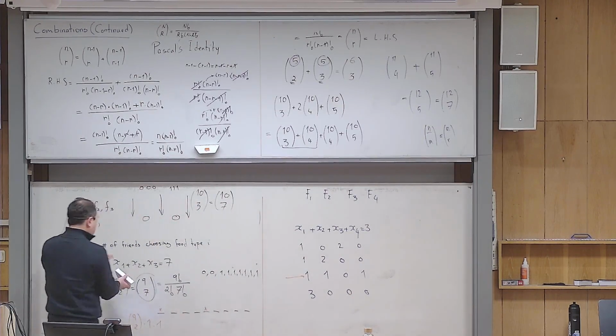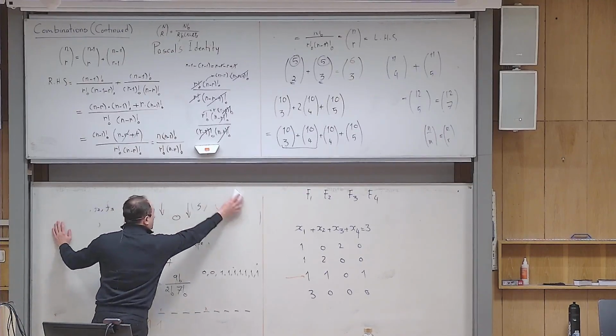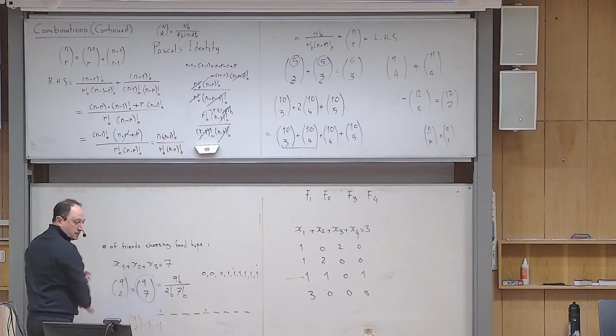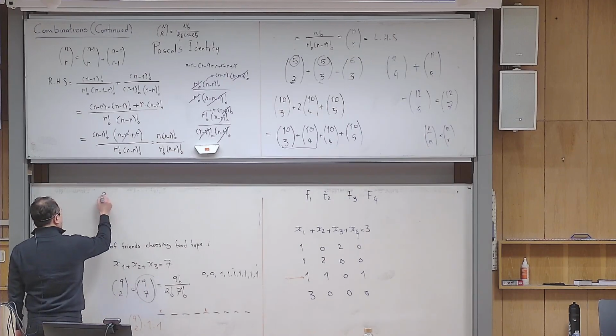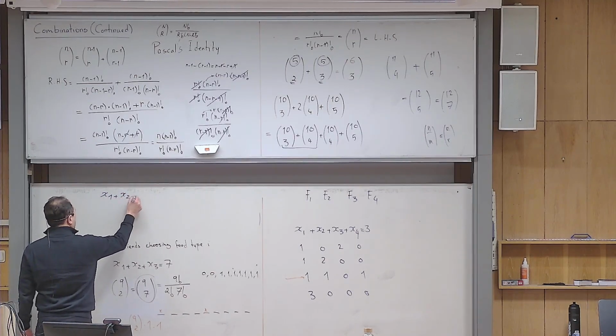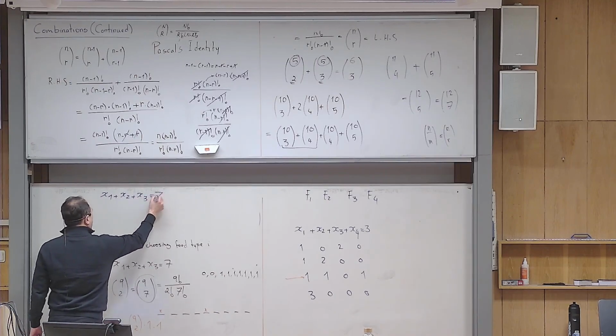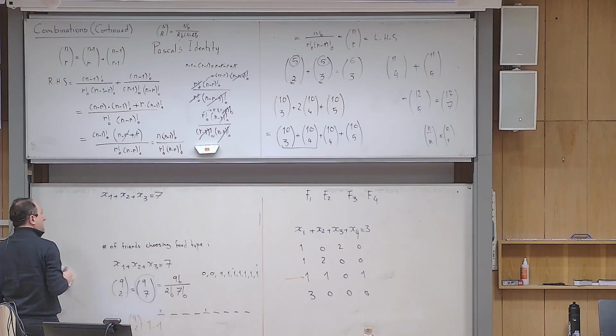Let us come back to this problem and let me give you an extra condition. Let us work in abstract mathematics here. So I have this equation, x1 + x2 + x3 equals 7. I give you some constraint. I say that, for example, let us assume that x1 should be at least 1.